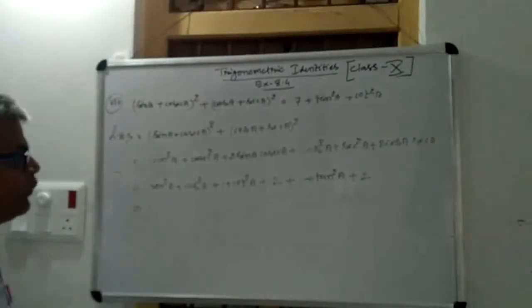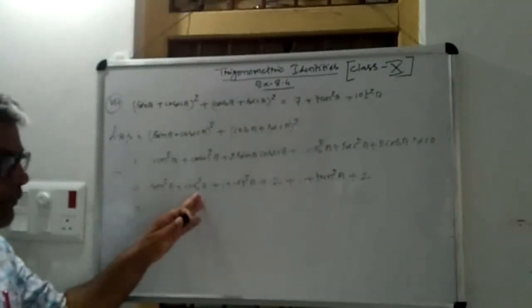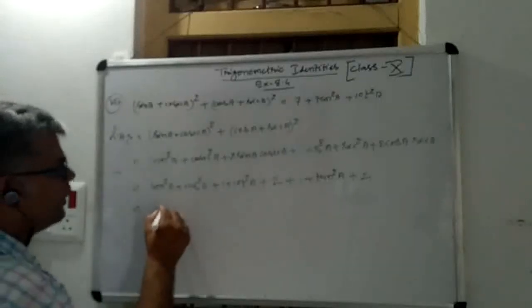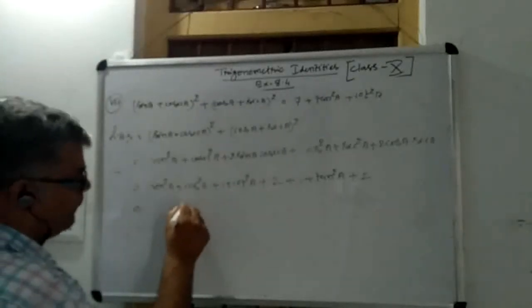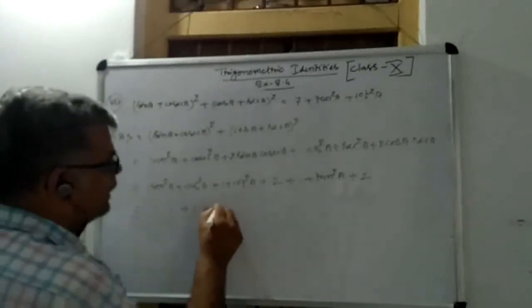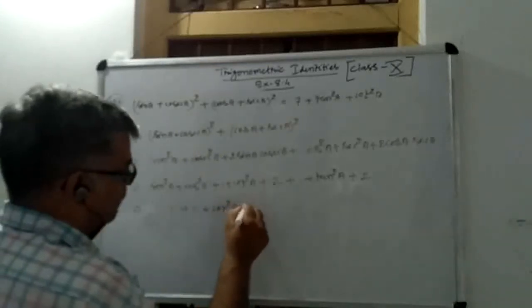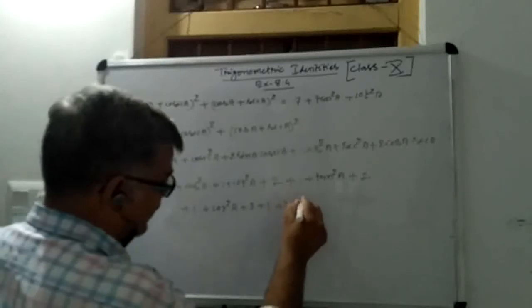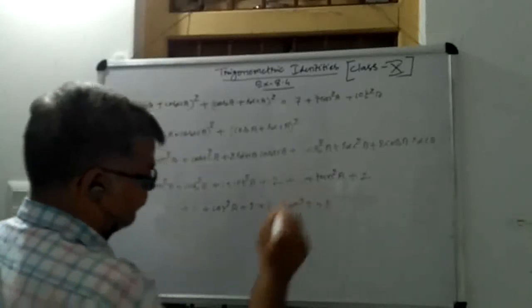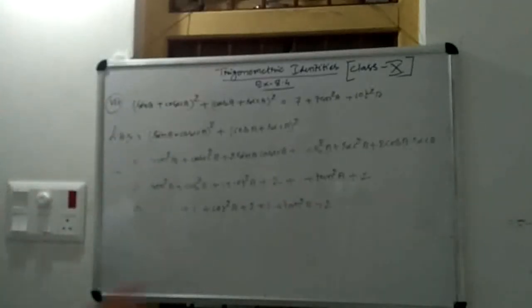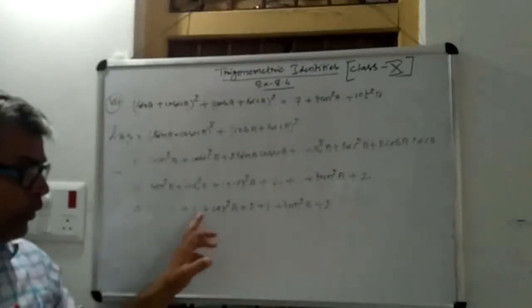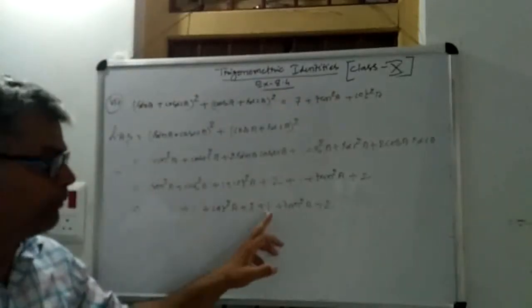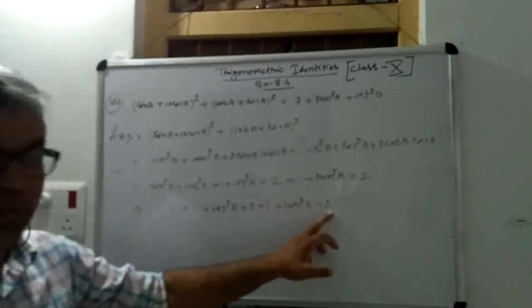On adding it together, and sin square A plus cos square A is also 1, so we have 1 plus cot square A plus 2 plus 1 plus tan square A plus 2. When you add together: 1 plus 1 is 2, 2 plus 2 is 4, 4 plus 1 is 5, 5 plus 2 is 7.